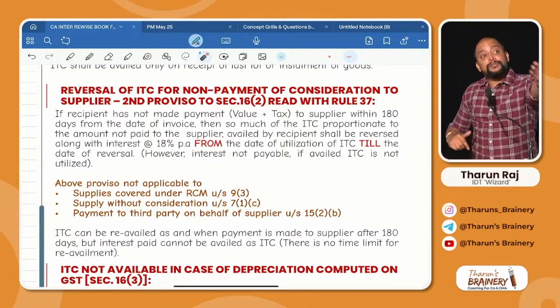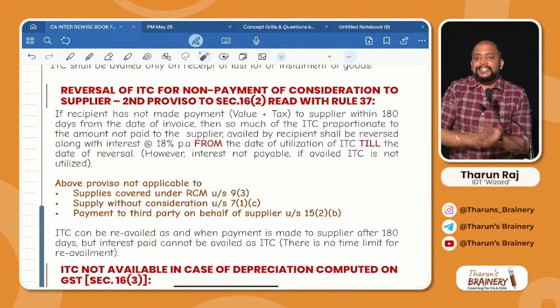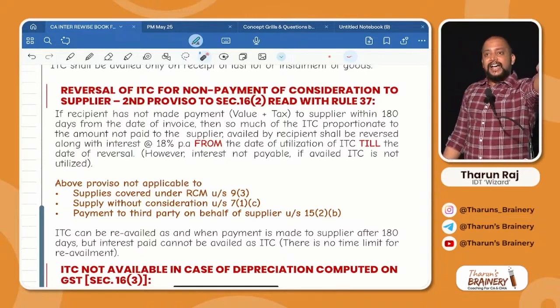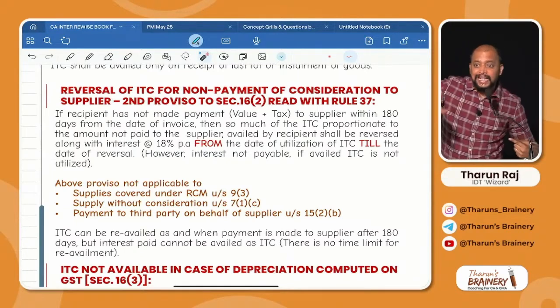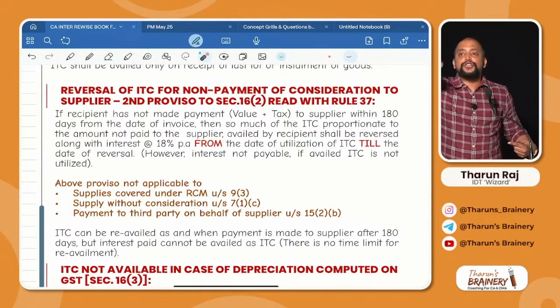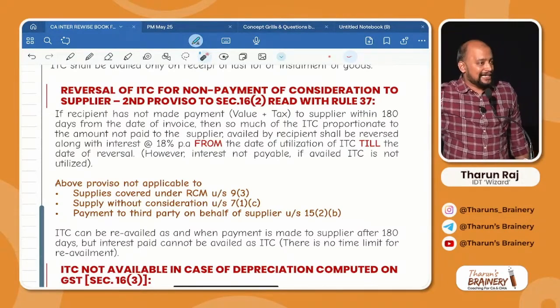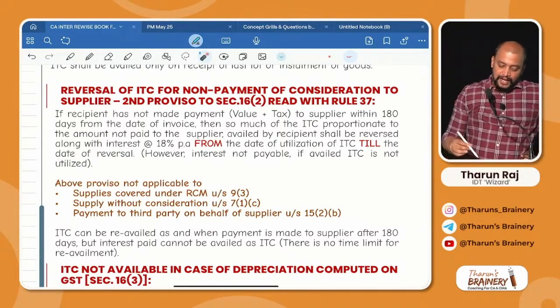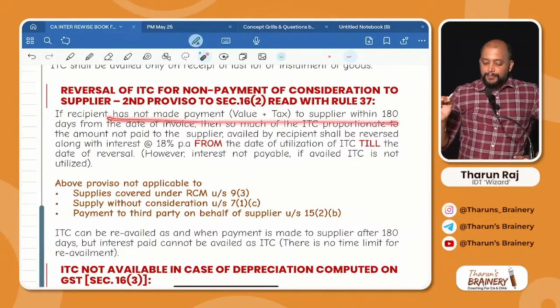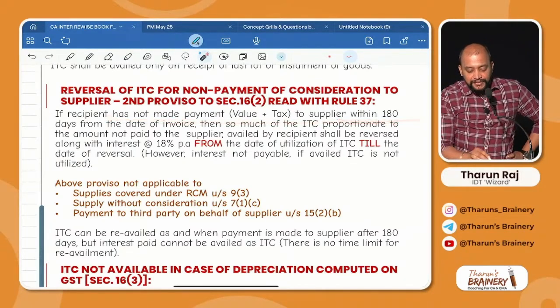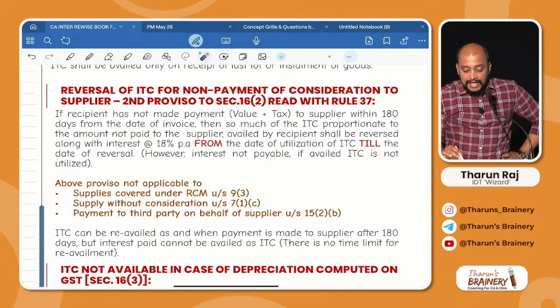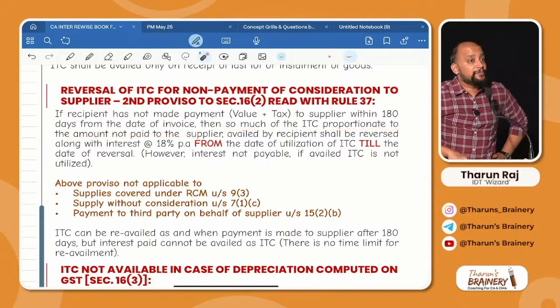Again, as and when you make payment to me, can you re-avail the ITC? Yes. As and when you make payment to me, you can re-avail the ITC. Whether it should come in 2B? No. Whether there is any time limit? No. Happily you can take the ITC. If the recipient has not made payment to supplier within 180 days from the date of invoice, then so much of the ITC proportionate to the amount not paid to supplier.